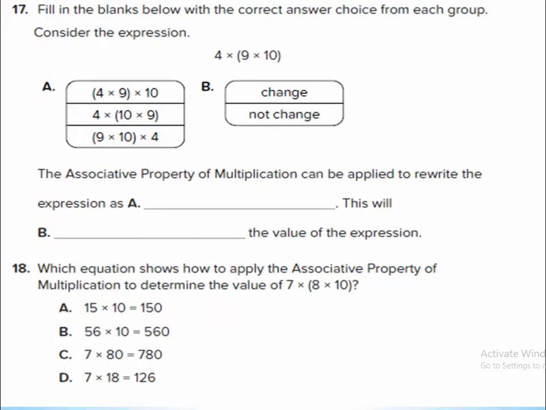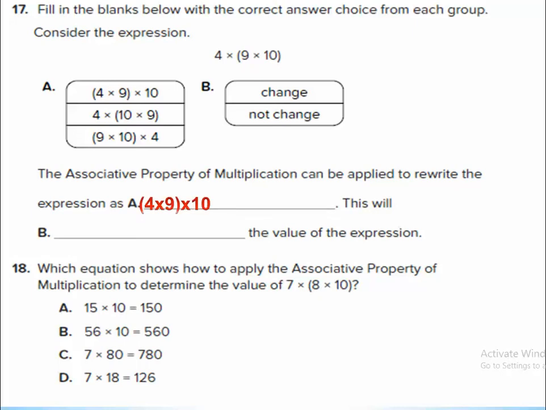Fill in the blank with the correct answer choice from each group. Consider the expression 4 times 9 times 10. Here he groups 9 times 10. Okay, let's do it another way. We can put 4 times 9 grouped, times 10.